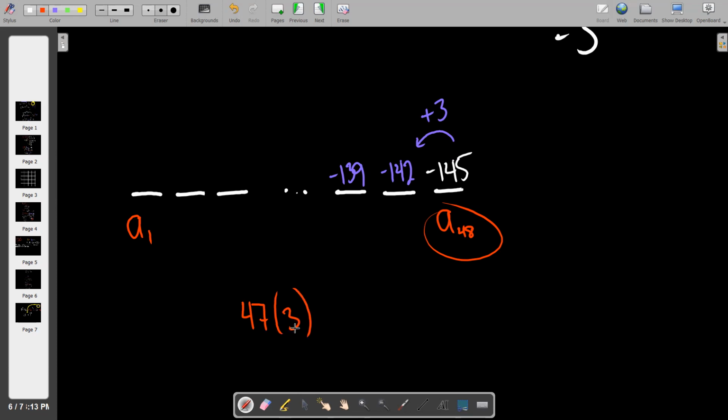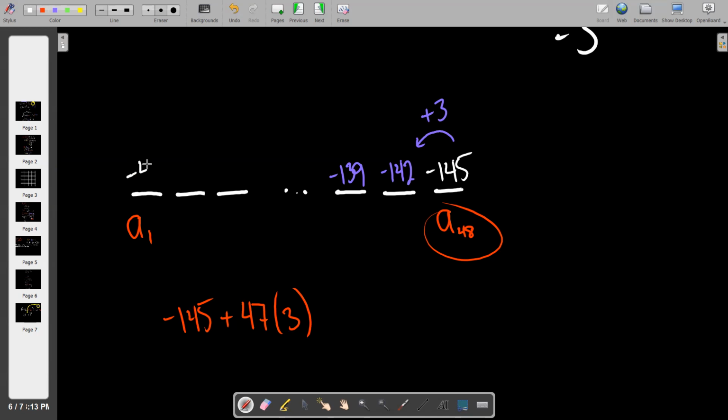And where is he starting his journey? At what number? -145. Yes. So if Aiden starts at negative 145 and he makes 47 positive jumps of 3, then he multiplies that out. 47 times 3 is 141. That should be a -4.